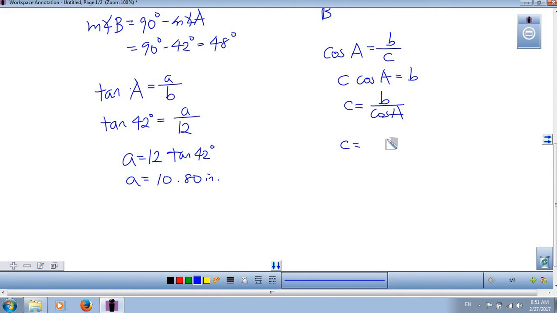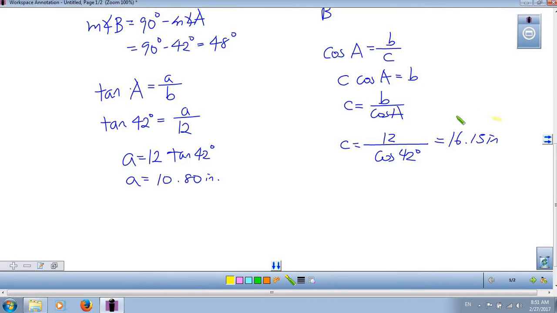Alright, so then our side C will be 12 inches divided by cosine of angle A, which is 42 degrees. So again, let's type in our calculator to see what we get. What I got here is 16.147, so I rounded off to the hundredth place, so 16.15 inches. Alright, so that is an example of solving for a right triangle.